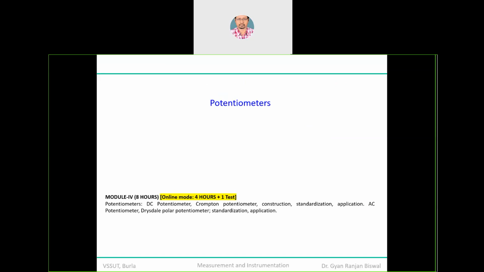Under the head of potentiometers, we are going to see the need of a potentiometer when a variety of deflection methods are available, right from the permanent magnet moving coil, which is based on the fundamental objective of ammeters, and the moving iron type instruments, the electrodynamometer, electrostatic instruments, rectifiers, thermal measurements, electrothermal measurements.